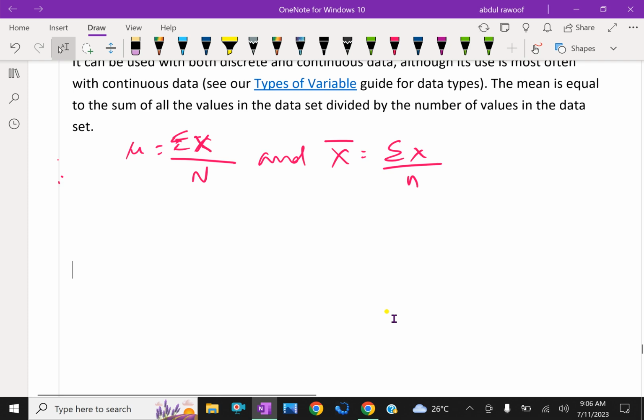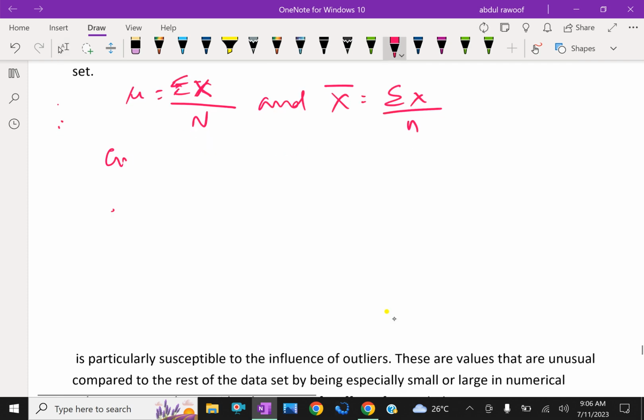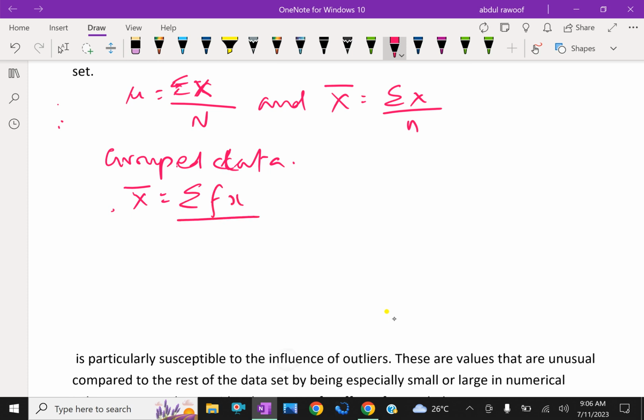For grouped data, the mean is x bar equals sigma fx by n, where f is the frequency.